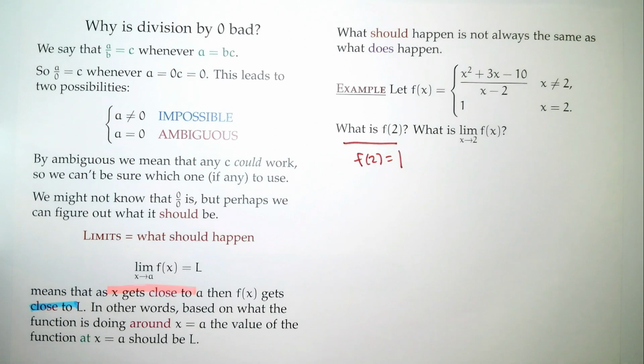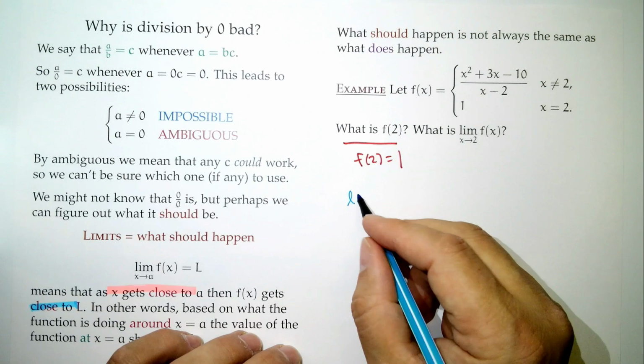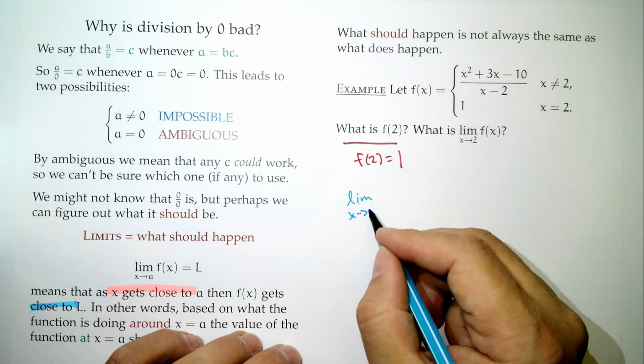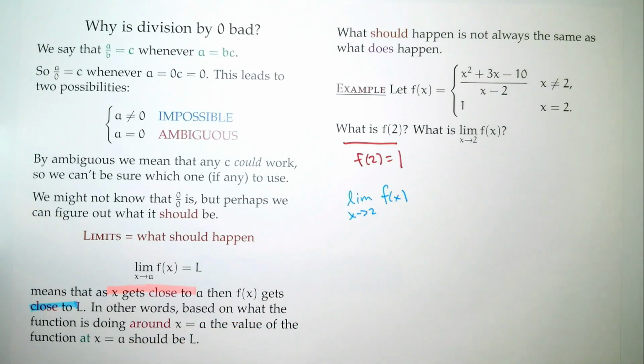Now we can talk about the second part. We want to know, what's happening to the function as we get close to 2? Well, in this case, we have the limit as x goes to 2 of f of x. The key here is that when we're talking about limits as x gets close to 2, our intuition should be we're nearby 2, but not at 2, because limits only care about what happens nearby, not what happens at our value.